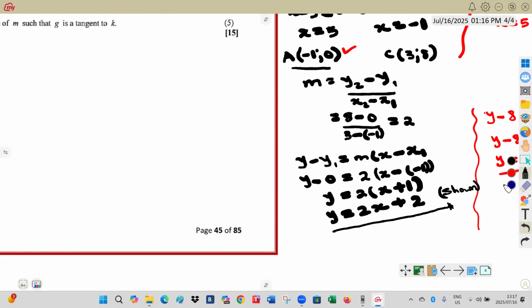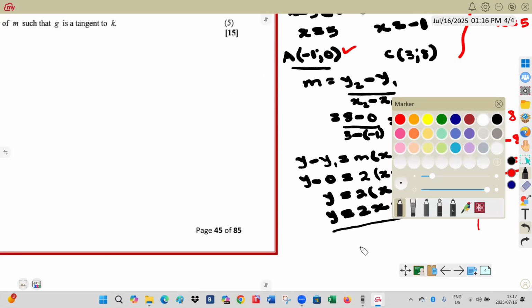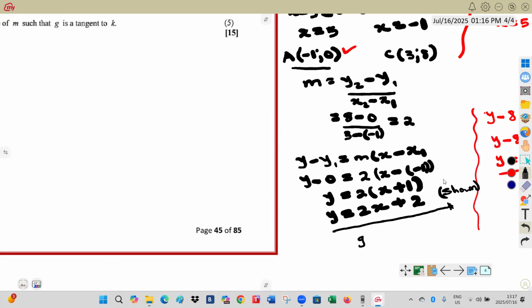So eventually, g(x) is equal to 2x plus 2, as required by the question. Then you go to the next question.